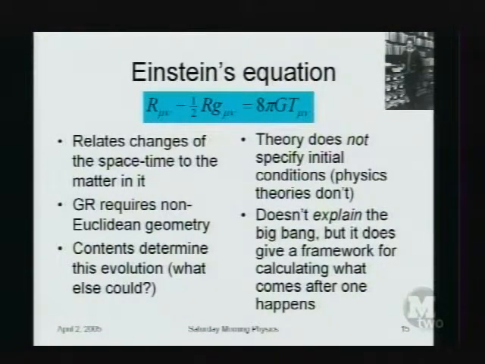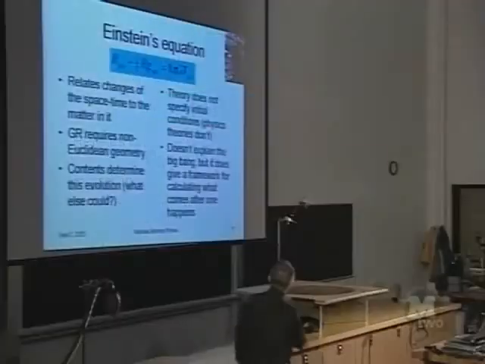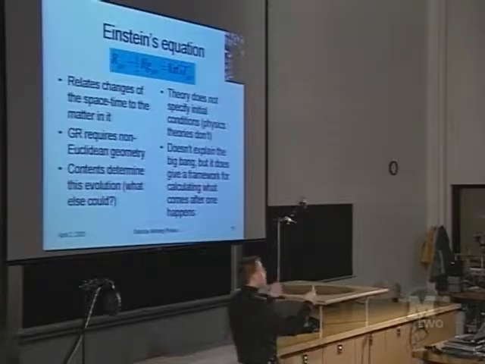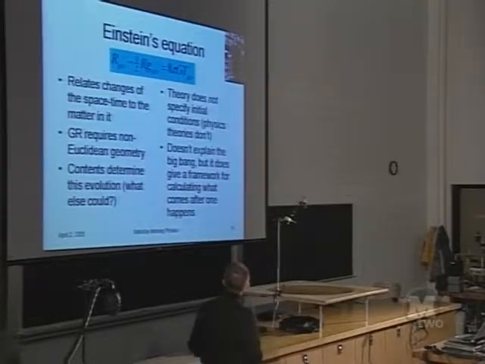And it basically says that you can write things down on one side of the equation that have to do with the nature of the space-time, how big it is, how curved it is. And then you can write things down on the other side of the equation that have to do with how much energy and matter there is in the universe. That's what's on the other side of this equation. The energy and the matter in the universe tell the space-time how to change. These two things are connected to one another.